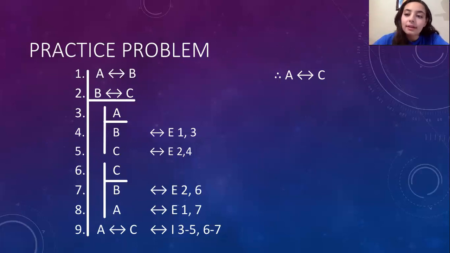Then my second subproof is from C to A. So let's assume C, and then going to B, because of biconditional elimination. For the biconditional, it's symmetrical. You can take away the antecedent or the consequent, and then you're able to get the other half.